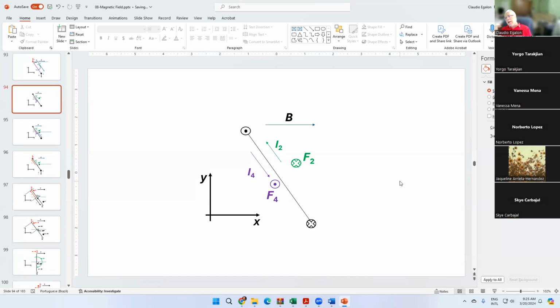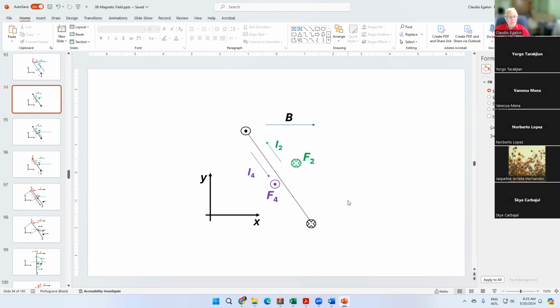Current cross B is towards you, and this other one is away from you. So this force is trying to stretch the wire, but it's not producing any torque whatsoever. F2 and F4 do not produce any torque in the loop.